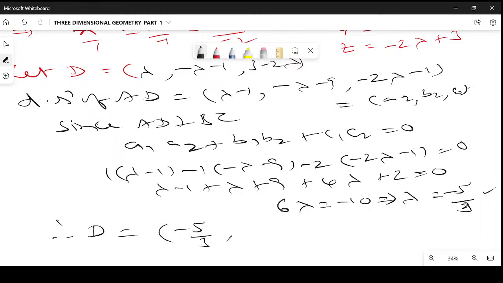Substitute the value lambda equal to minus 5 by 3 in the point D. You have taken D equal to lambda minus 1, minus 2 lambda plus 3. Substitute the values and you can find that. If you substitute minus lambda minus 1, you can verify that. That will be, yes, minus 5 by 3 minus 1. It will come minus 8 by 3. Correct.